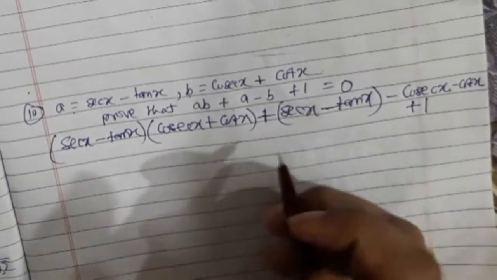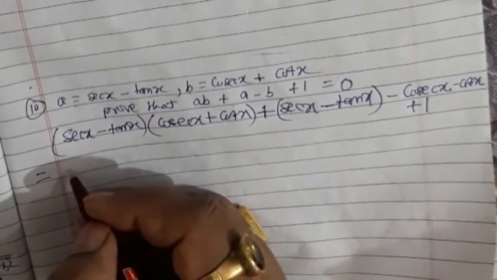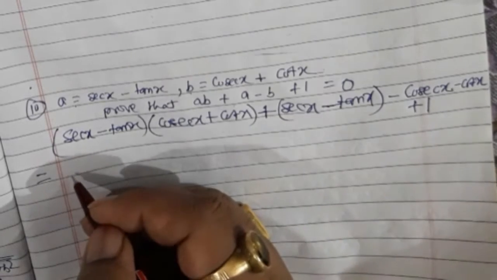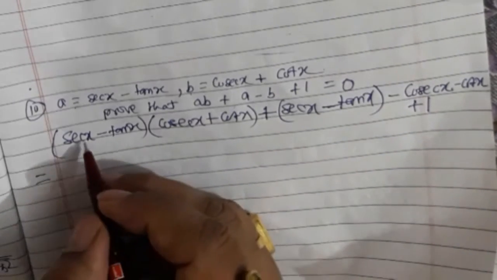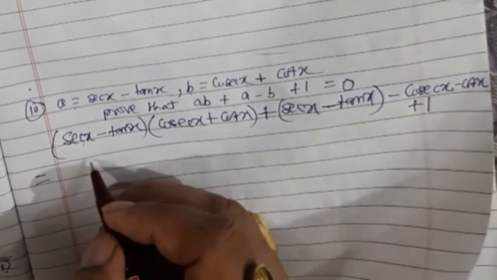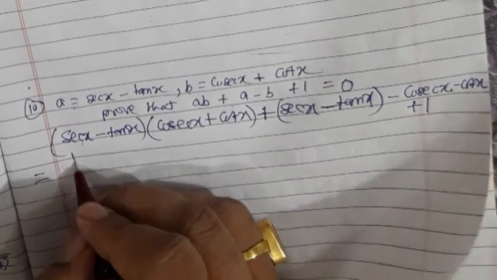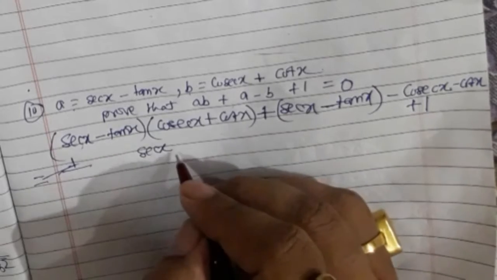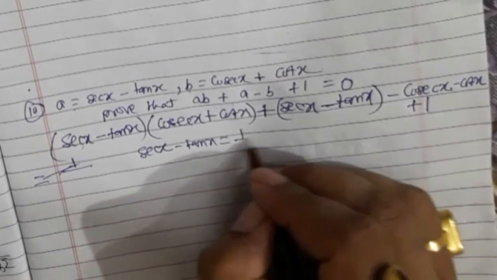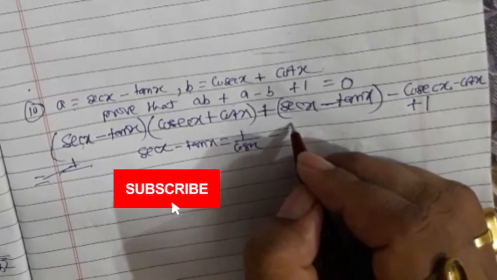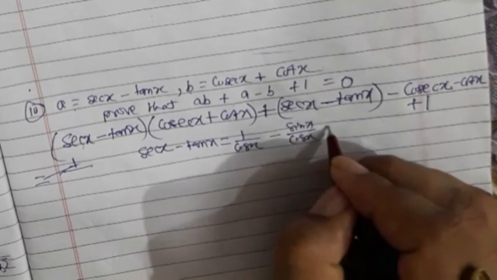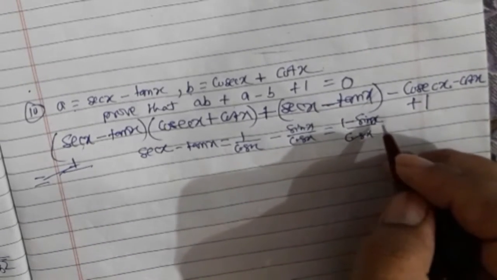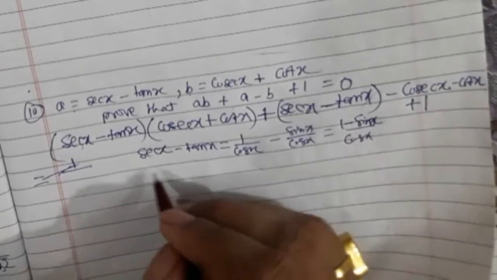Let's find out first sec x minus tan x is equal to 1 by cos x minus sin x by cos x, this is equal to 1 minus sin x by cos x.